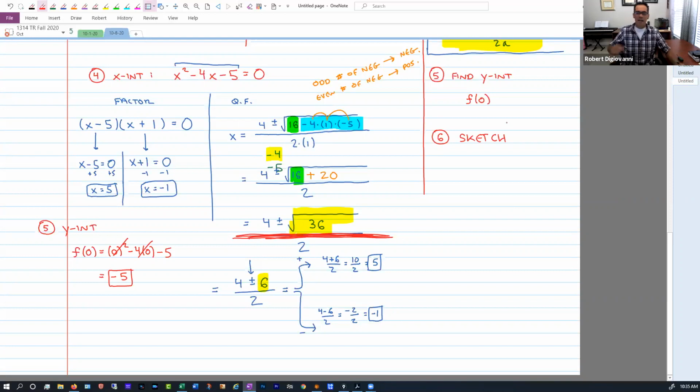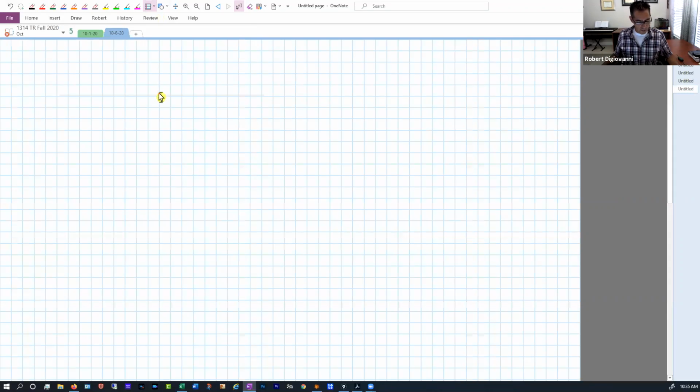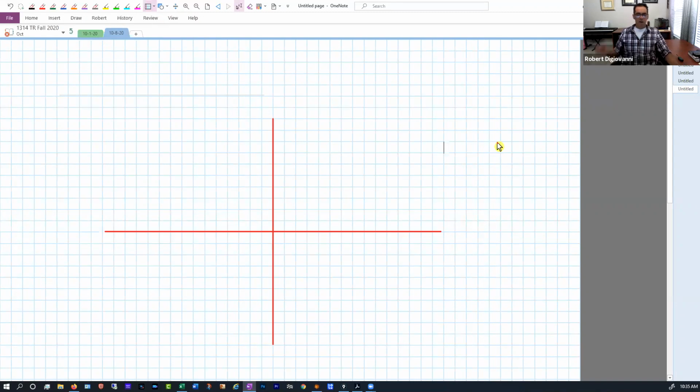So I'm going to do that on a new page, and I'm going to give myself some graph paper. I'm going to do a nice XY axis like this. All right, so we start putting all the information down here.